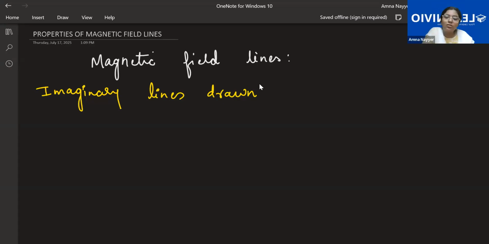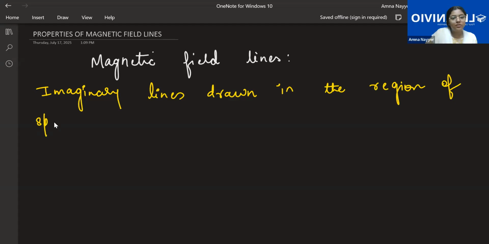But electric field lines are drawn so that we can see where the electric field is. So these are imaginary lines drawn in the region of free space.